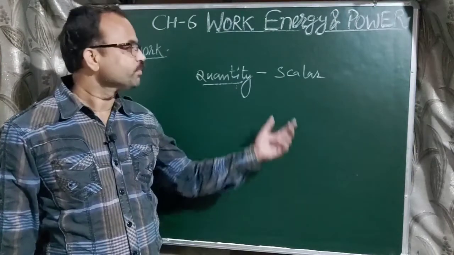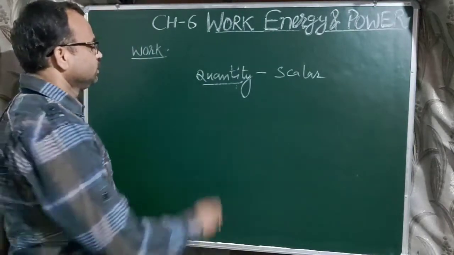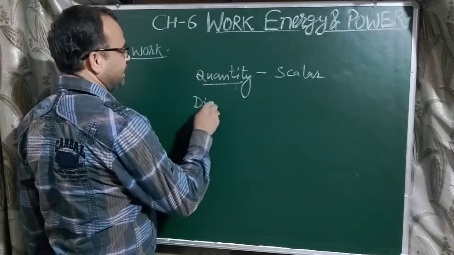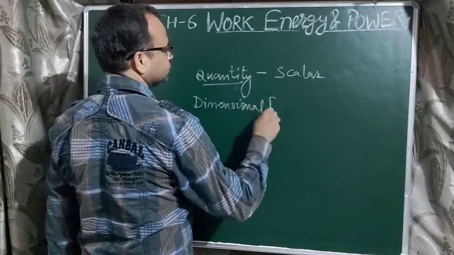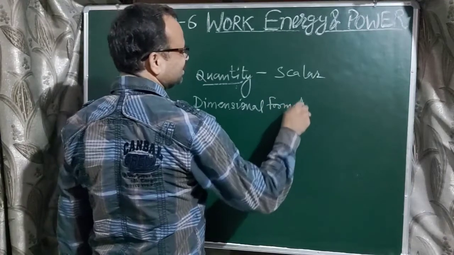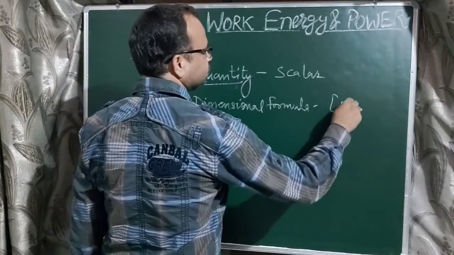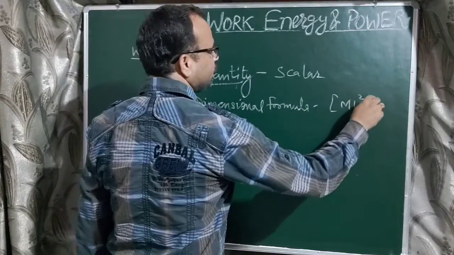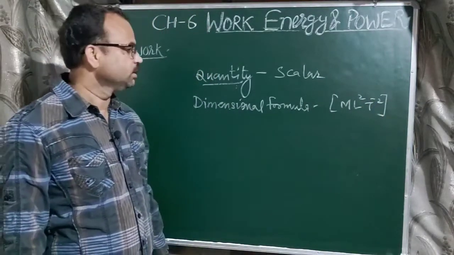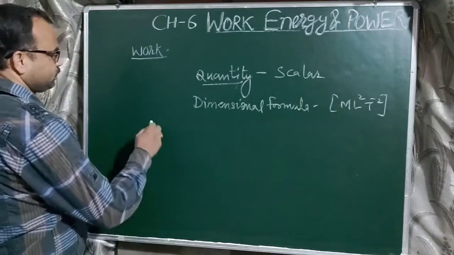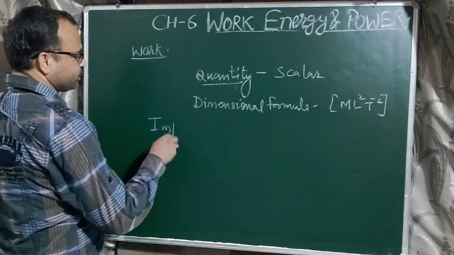So work is a scalar. Then the dimensional formula is M L square T minus 2. After that we will discuss the important relation.